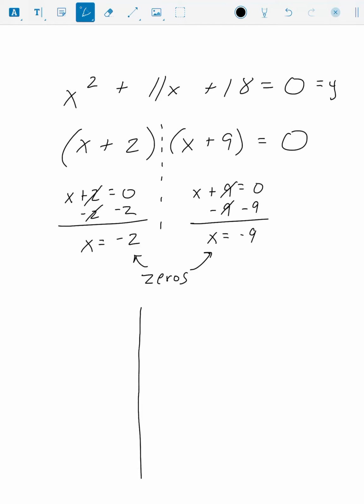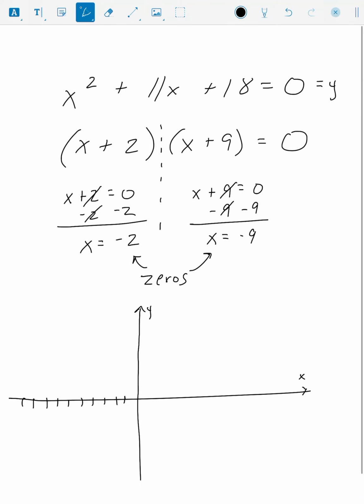Now, here's the connection to the graph. I'm given an xy coordinate plane, and I now know where my quadratic function crosses my x-axis. So I'll go to -2 on the x-axis. I'll plot a point. I'll go to -9 on the x-axis. I'll plot a point.